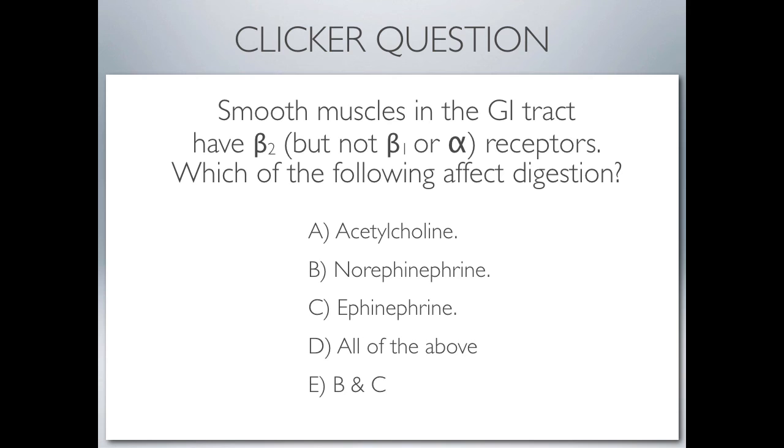Okay, so the majority of you were paying attention. The correct answer is epinephrine.